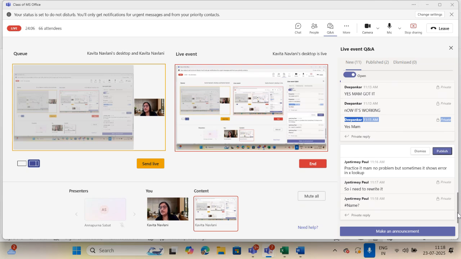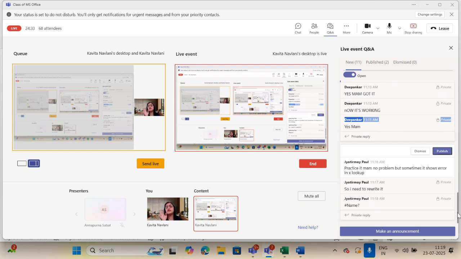Jyotirmay, you should give me the, see, name error. It always comes when the function name is not available in the function category. And if we are using a lower version of Excel in which XLOOKUP is not introduced, then you will get the name error, because XLOOKUP was introduced only in Excel 365 and later. It is not available in the previous versions.